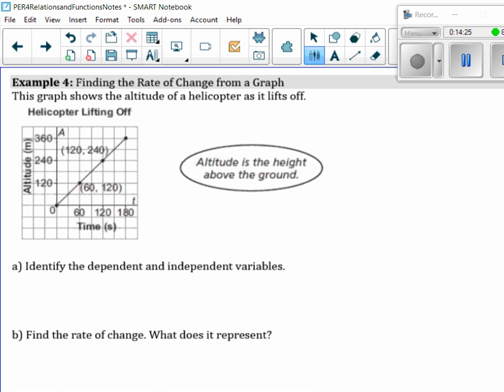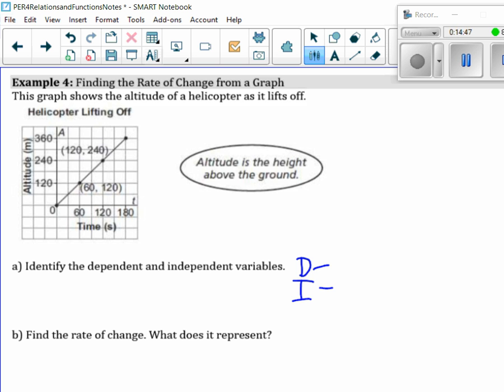Okay, so now we're going to find the rate of change. So you're going to look at this graph. Do you see it has an endpoint there? That means it doesn't go on forever or anything like that, right? Okay, can anybody tell me the dependent and the independent? Which one is the dependent variable?